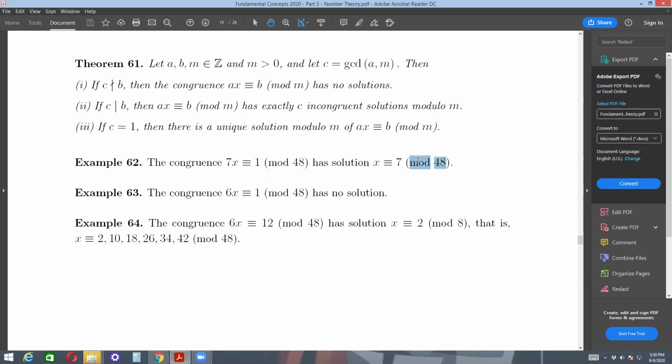All right, I just want to make sure you all understand this. So what I want you to do is tell me what is the solution to, let's say something simple, 5x is congruent to 2 mod 7.